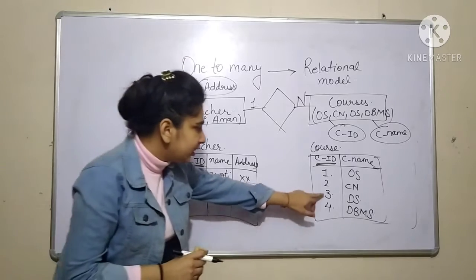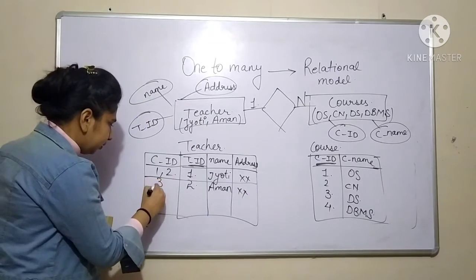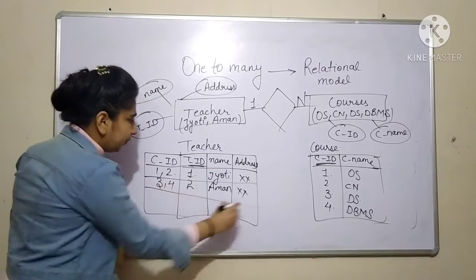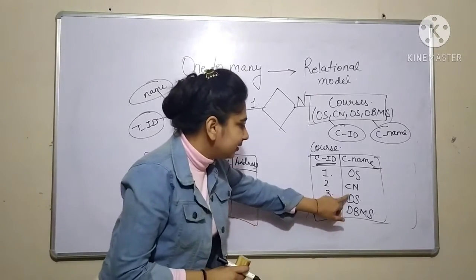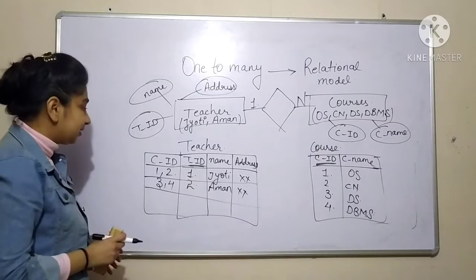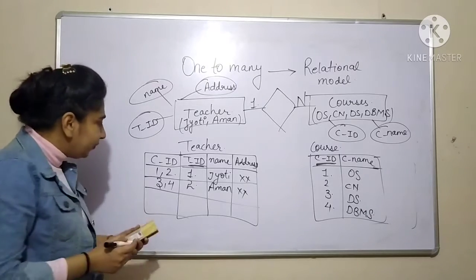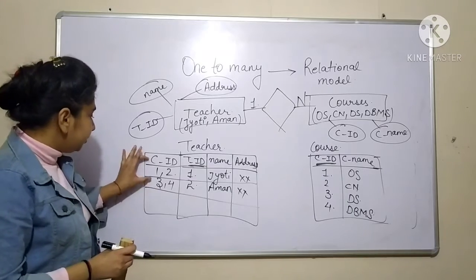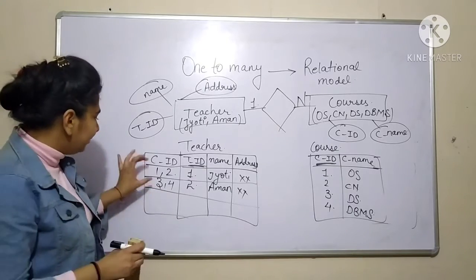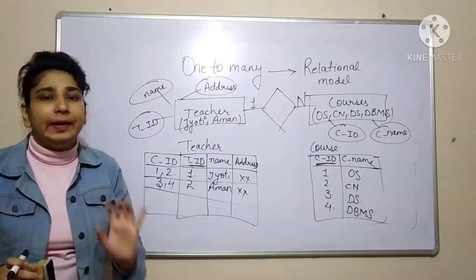And Aman is teaching 3 and 4. Aman is teaching course ID 3 and 4, data structures and DBMS. But I already told you that we always use a single value in the cell or in the field.